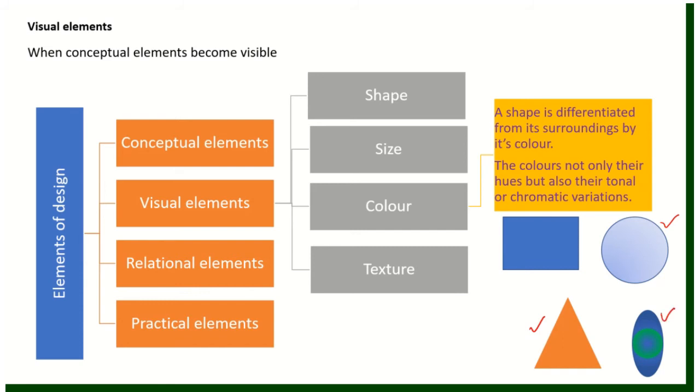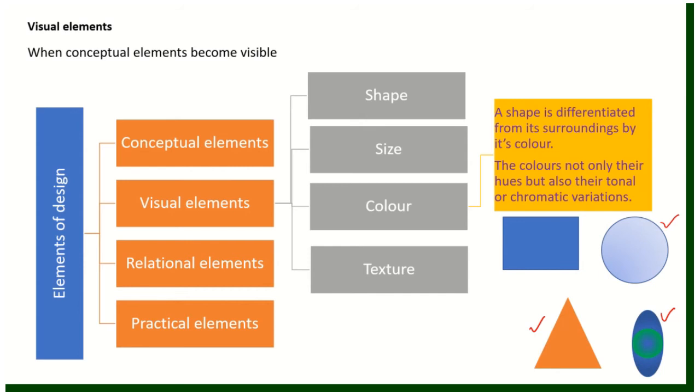So this is how size and color are varied for a shape. The color here is used in its broad sense, comprising not only all the hues of the spectrum but also the neutrals, maybe black, white, and all the intermediate grays, right? And also their tonal and chromatic variations. So this is about the visual element of color.